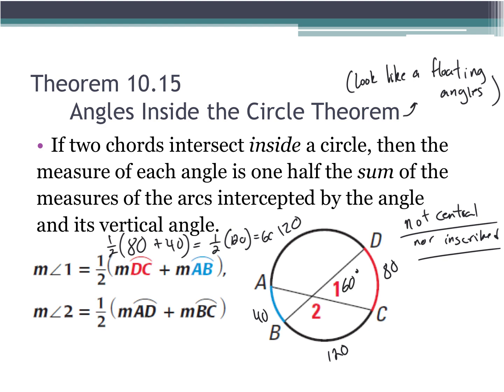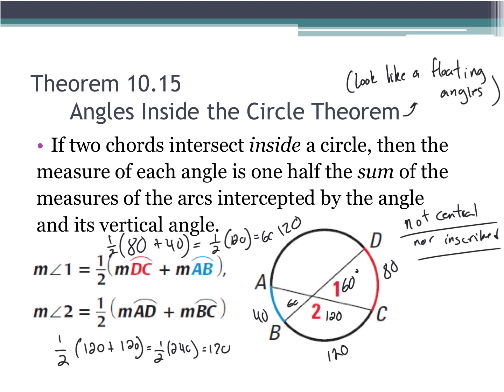Now you can find angle 2 in two different ways. The first one being, again, 1/2 times the measure of AD, so 120, plus the measure of BC, 120. So it's going to be 1/2 of 240, which is just 120. That's how we get angle 2.